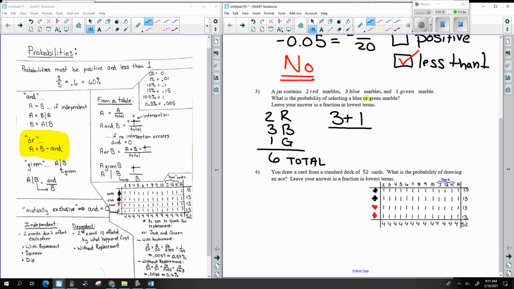That's all out of 6. So I add the first probability and the second probability, all out of the total. This would be 4 out of 6, AKA 2 out of 3. That's our fraction in lowest terms.